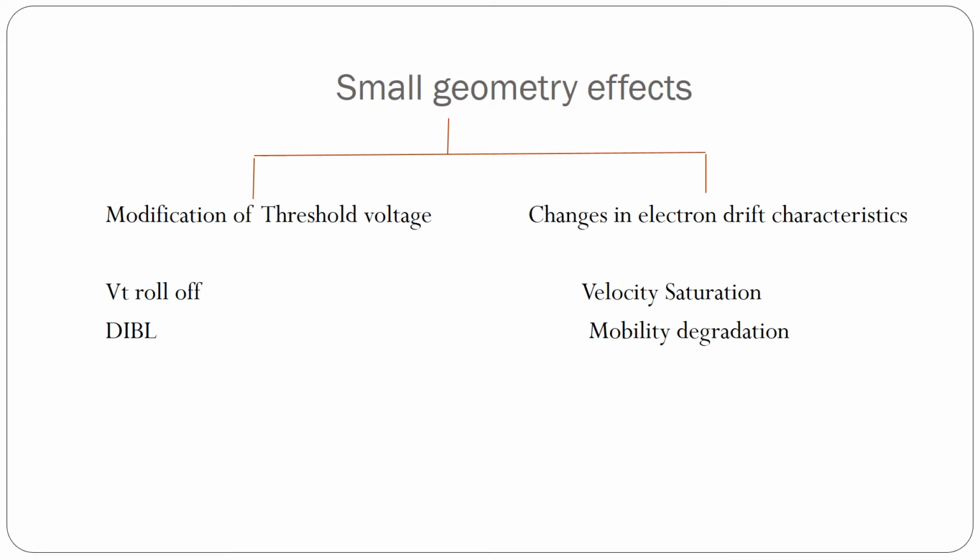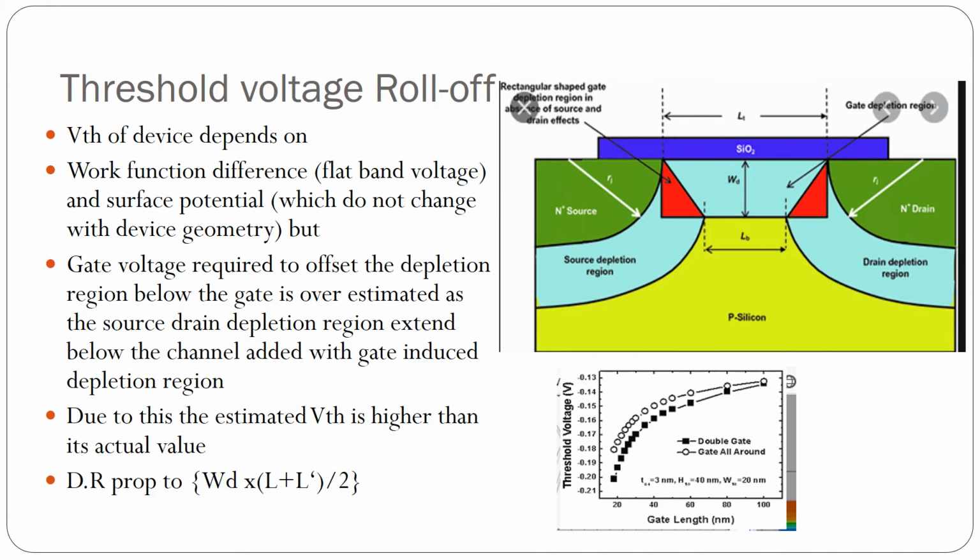So even though we increase the electric field, the velocity becomes constant, and as a result current will also be reduced. The same is true with the mobility. When doping concentration increases, more carriers are available in the same area, or you can say same volume. As a result, the mobility of the particular carrier will be reduced. That is why mobility also degrades with technology scaling. So let us see all these four effects in detail.